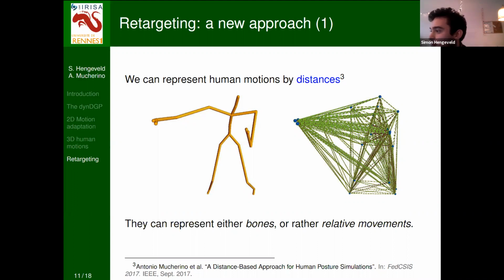When we want to retarget a motion, we would like to copy these distances from an original skeleton to the new skeleton, so that we make sure that we keep distances between joints the same, so that we can avoid undesired collisions or retain contacts when we do want them to be contacts.